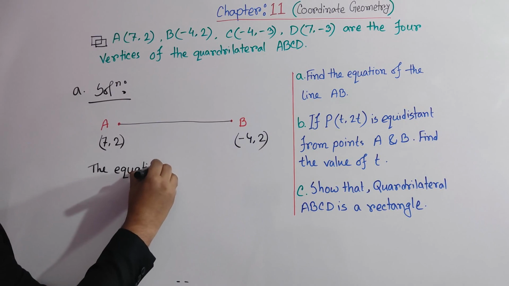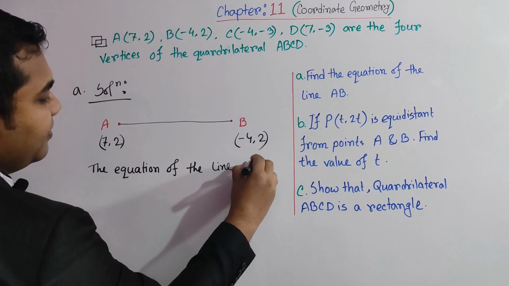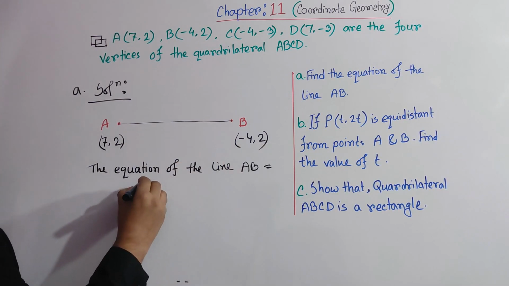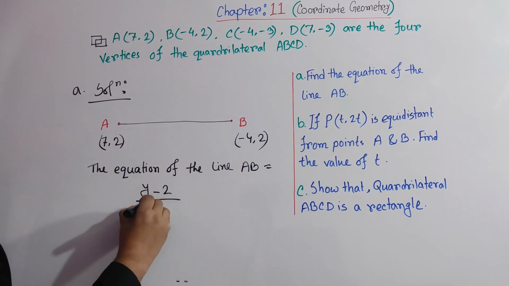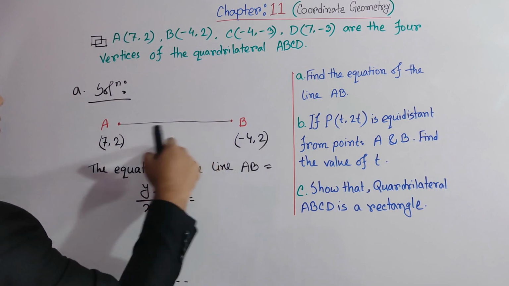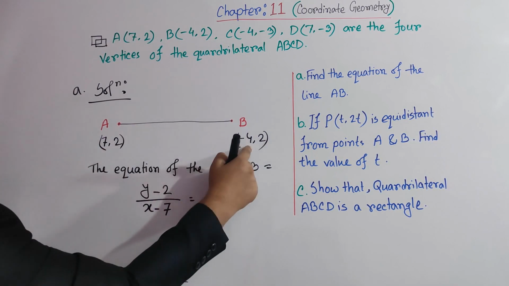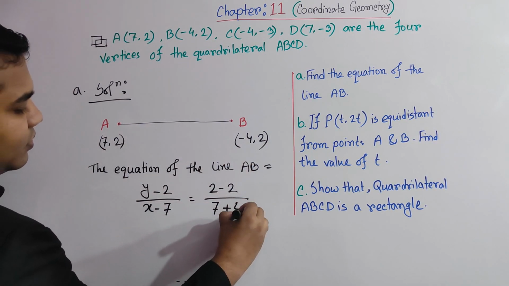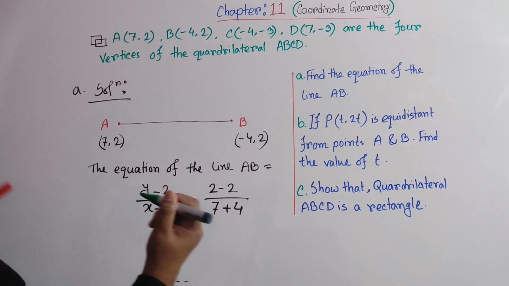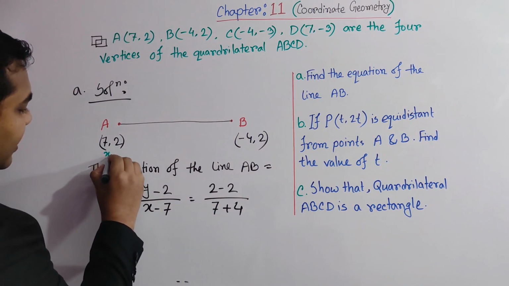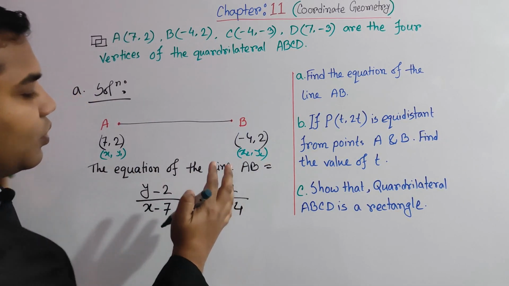The equation of the line AB is (y minus y1) divided by (x minus x1) equal to (y1 minus y2) divided by (x1 minus x2). We just assume that this is our x1, y1 point and this is our x2, y2 point.